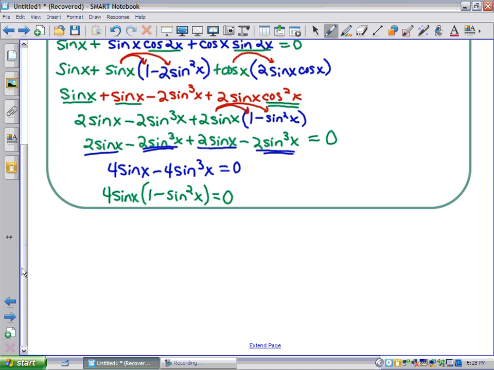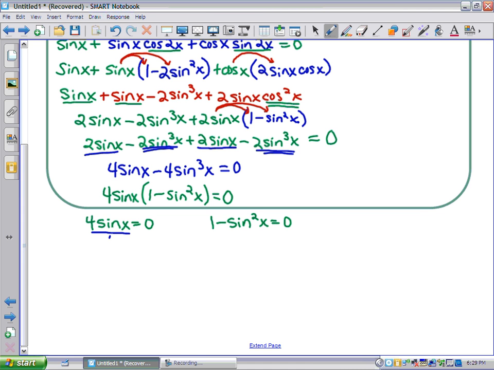All right, we know from factoring and from our algebra that we can now, using the zero product property, set each factor equal to 0 to solve. So I have 4 sine x is equal to 0, and I have 1 minus sine squared x is equal to 0. Well, on the left over here, 4 sine x equals 0.